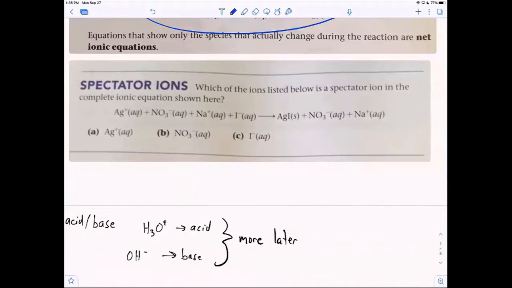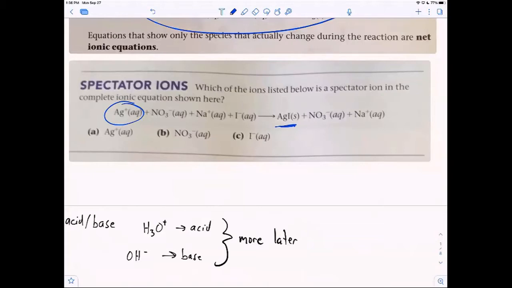Which one of these are the spectator ions? If you look at the first one, silver is not a spectator ion because it reacts. It actually undergoes a chemical change where it forms a new compound, and you can tell there's a new compound forming because the new compound is not soluble in water.